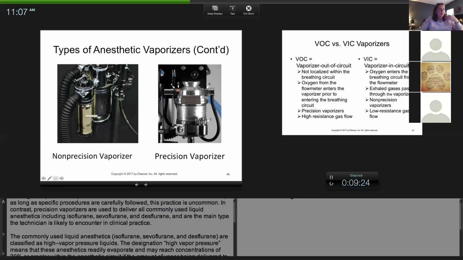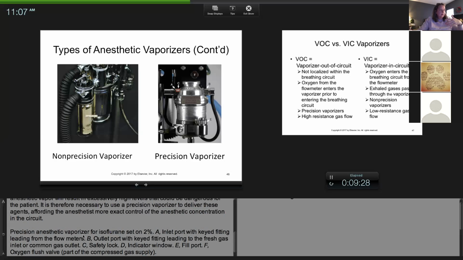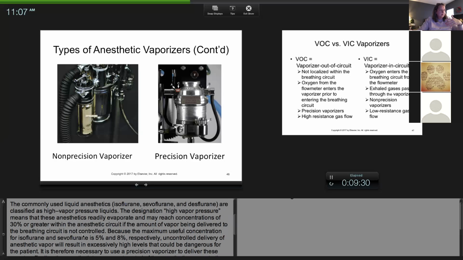So if, for example, and there's a lot of notes under here about these vaporizers, but what happens here is if your patient was getting light, you know, starting to move, you would take that little knob at the top and open it up a little more, and then more anesthetic would wick up that cloth.